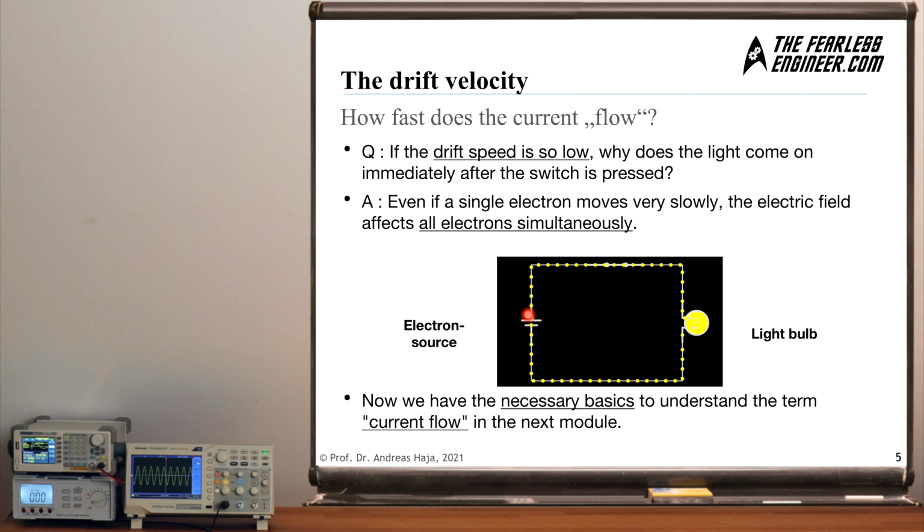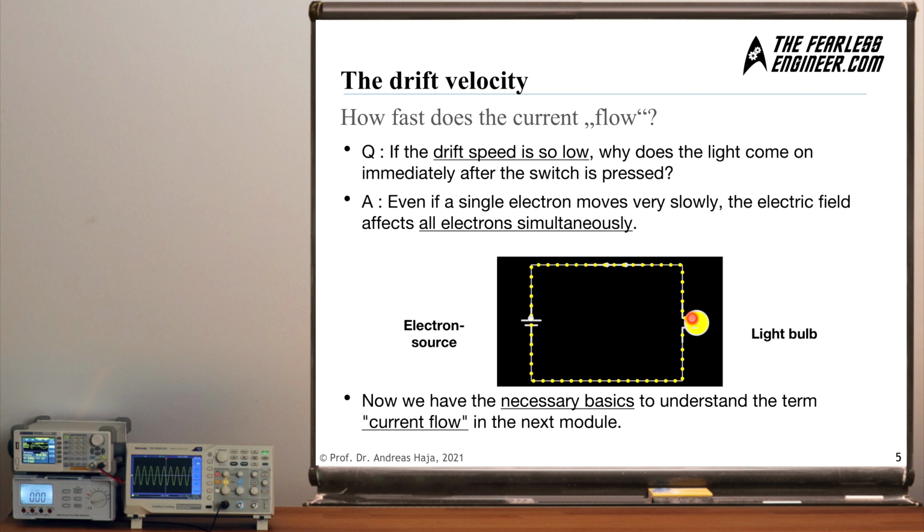So even though the electron directly behind the switch or behind the power source takes a very long time to get to the light bulb, the electrons directly in front of the light bulb will start to flow through the bulb immediately, which causes the bulb to light up just after you pressed the switch.